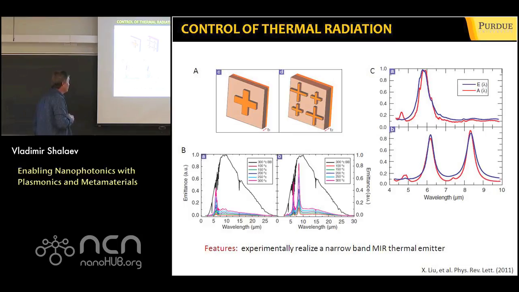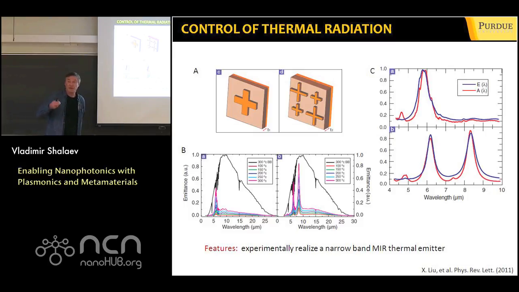And in my group, we're also doing some work related to this. So first of all, you could match impedance. When you match impedance, light is not reflected. It means that it is all either transmitted or absorbed in your structure. That's one thing to do. By introducing this whole type of resonance structures, like here you have a single resonator, here you have double resonators at two different frequencies, you actually could dramatically modify the thermal radiation.